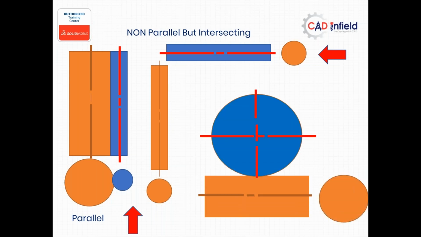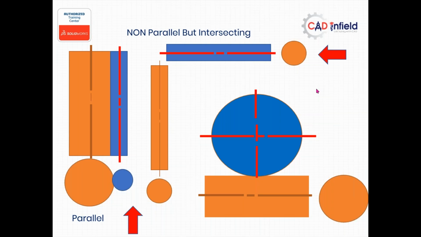We have a next type of gear where the axes are neither intersecting nor parallel. It means one goes to the north, one goes to the west. Just an example: at the bottom we have a worm, which looks like a shaft, and the toothed disc is called a worm wheel, which I have marked in blue.